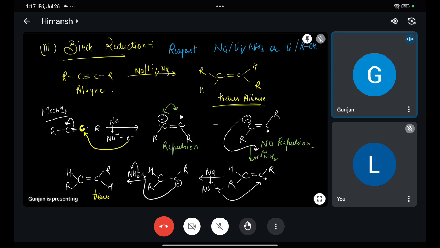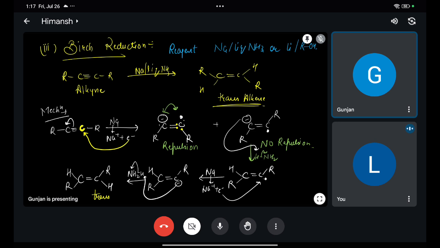Because see, Himansh, when a positively charged species accepts an electron, the charge is removed. Right? So this carbon got a radical, because of 4 valence electrons. Remember, in inorganic we did discuss 4 valence electrons.